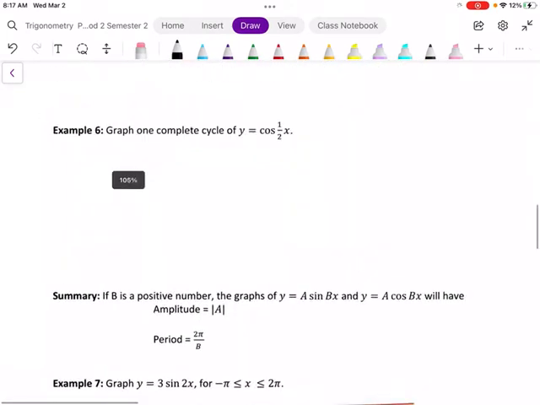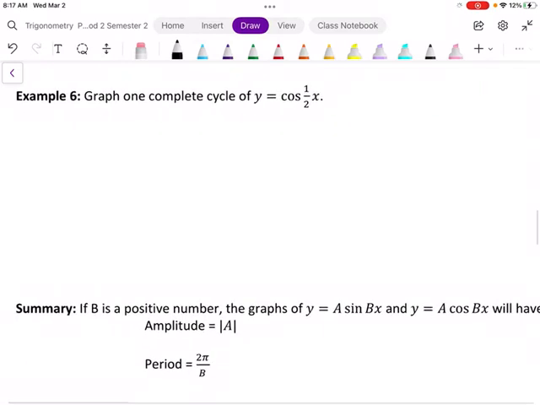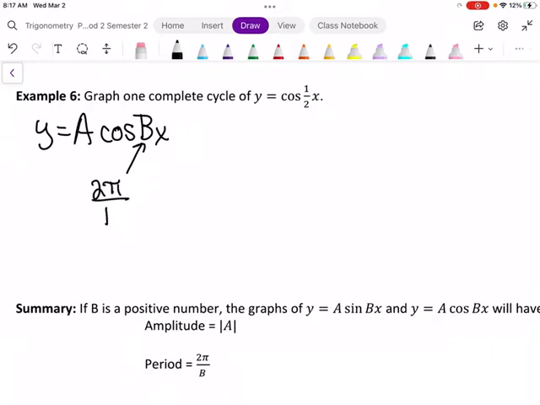So example 6, this one we're going to graph one complete cycle of y equals cosine of 1/2 x. Same thing as for sine, the period of cosine is going to be 2 pi over b. For this graph, our b value is 1/2.